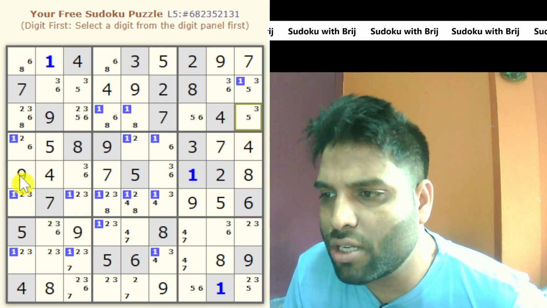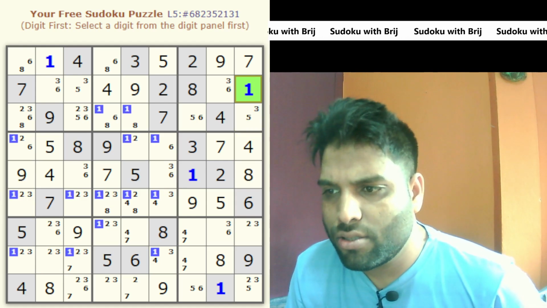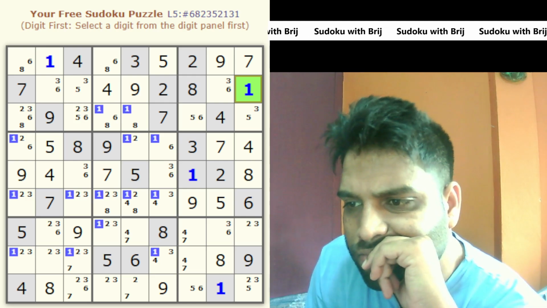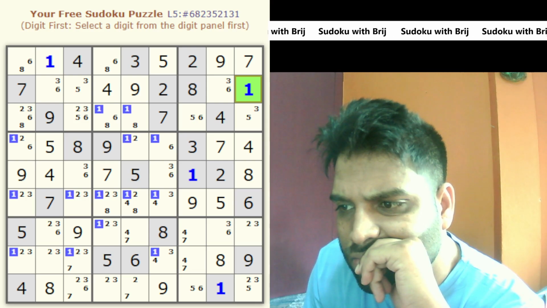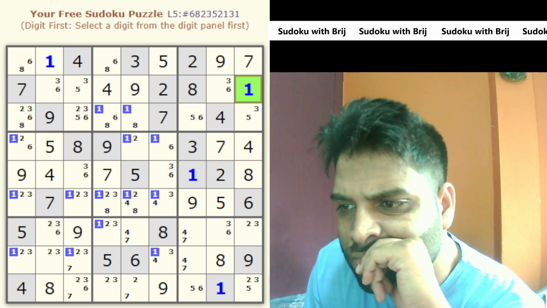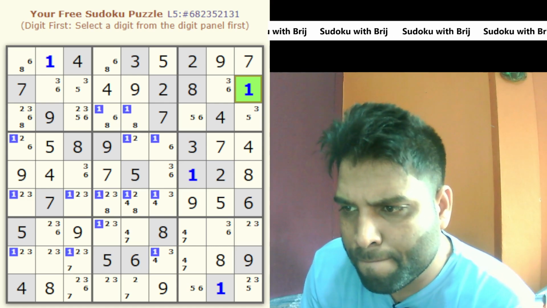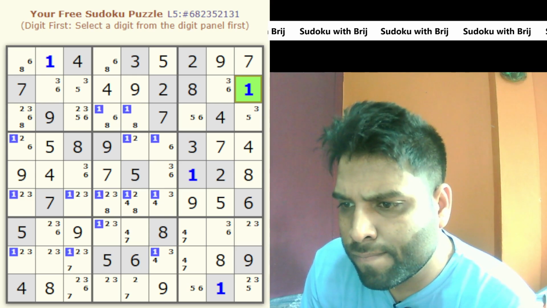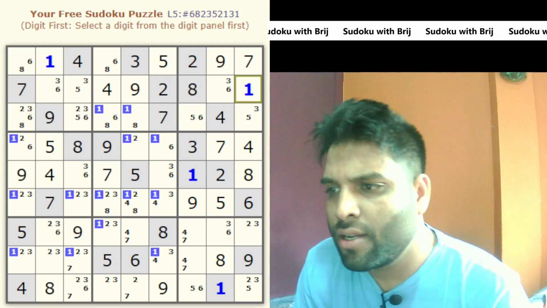So there is a solution of 1 in this box. Now there are naked triplets.